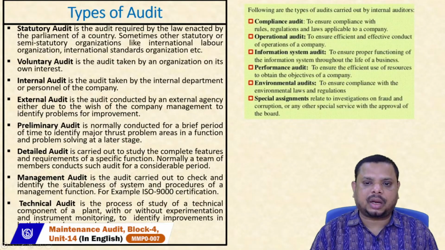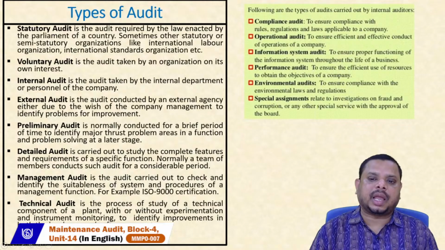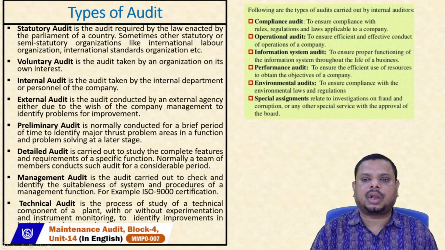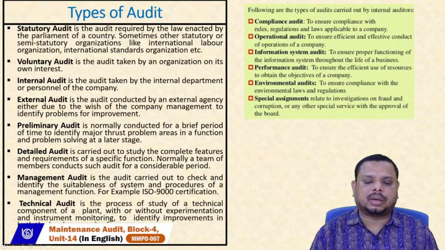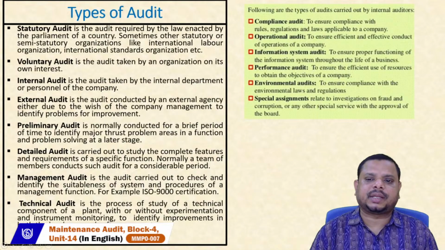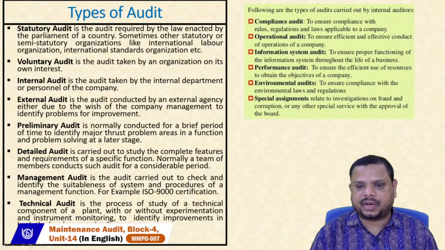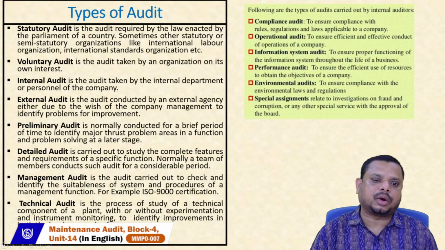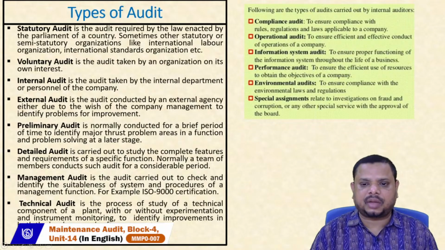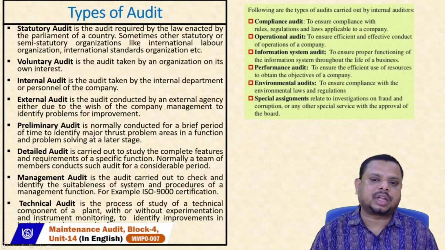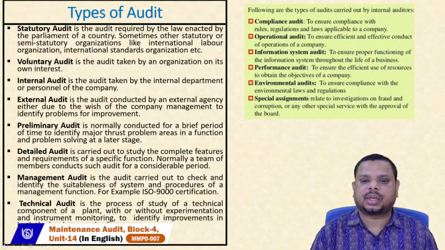If a plant or organization goes for an environmental audit, it must go for ISO 14000 certification. During the certification program, government agencies as well as private agencies conduct the environmental audit with respect to the plant, its disposals, and its waste management; everything should be properly compliant with environmental law and regulations.